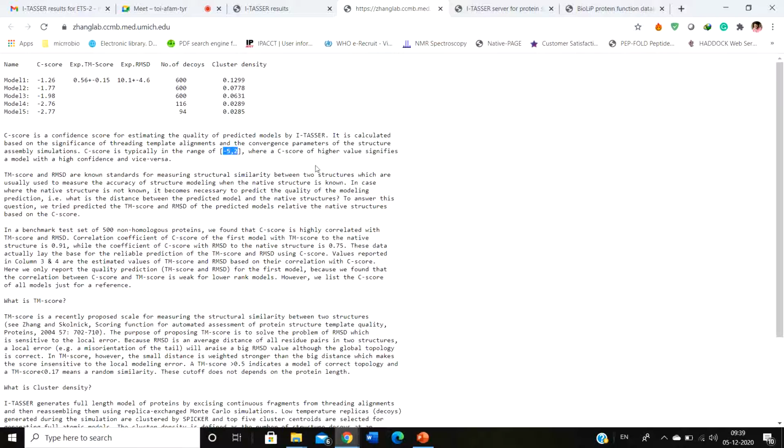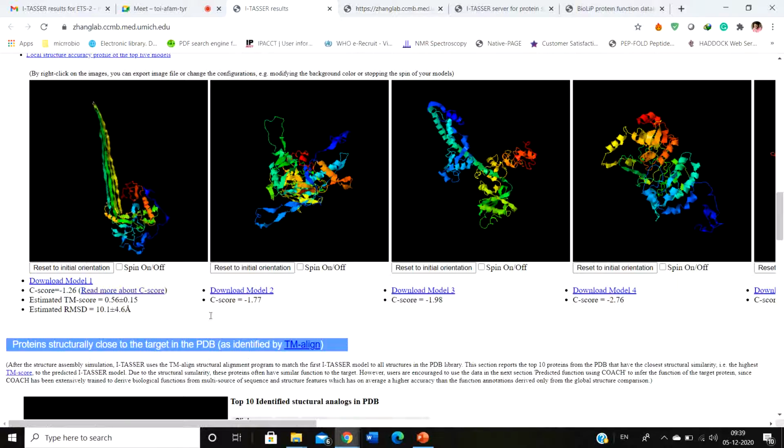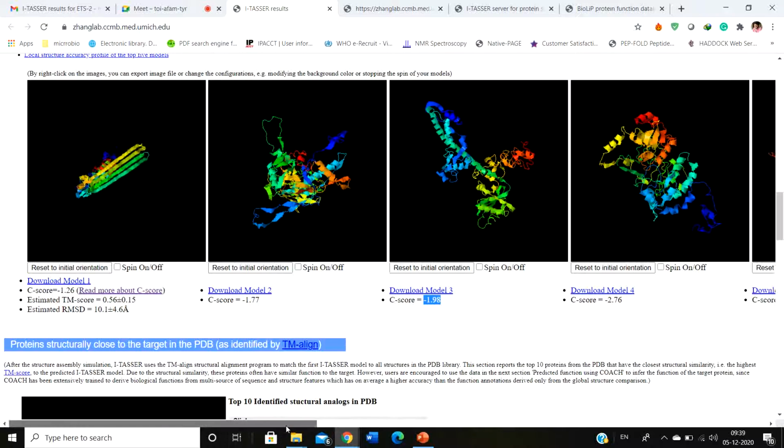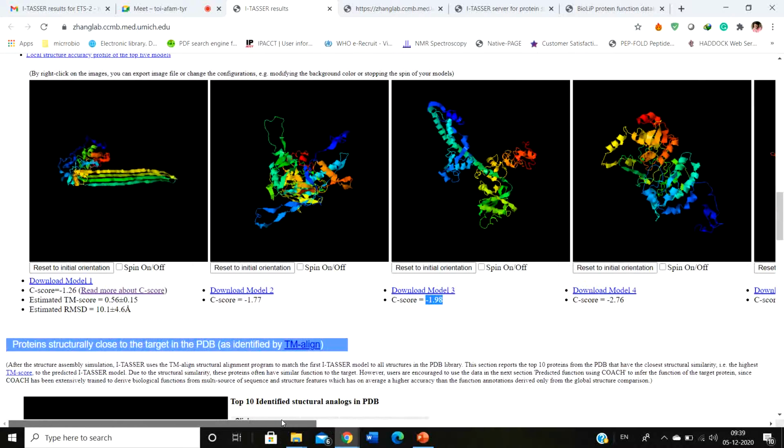A C-score of higher value signifies a model with high confidence. In this particular case, this has minus 1.26. This has minus 1.77, minus 1.98, minus 2.76 and minus 2.77. Among them, this one has the highest C-score, and that's why it has been taken as the best model.